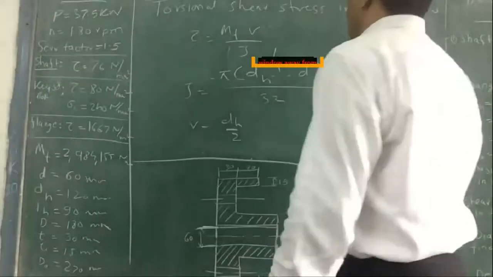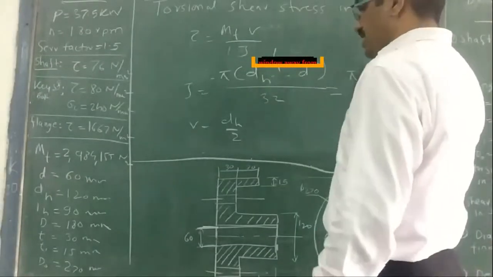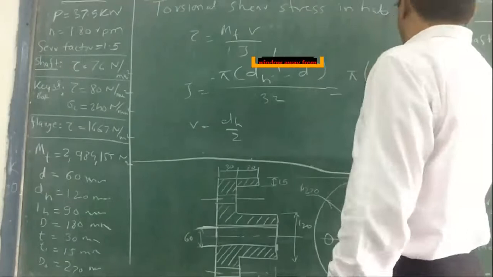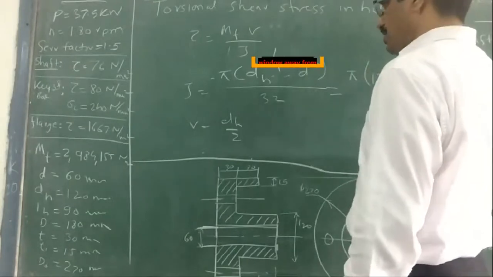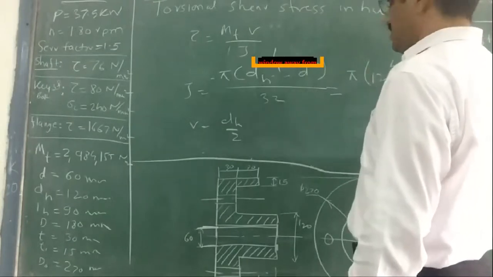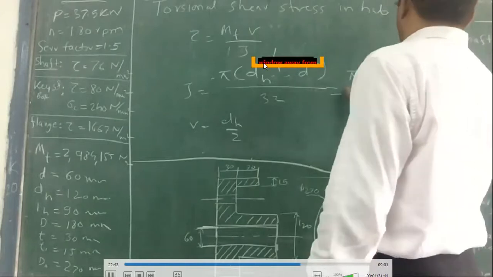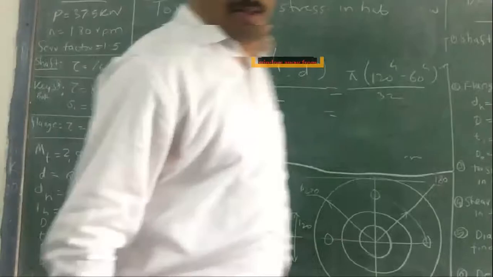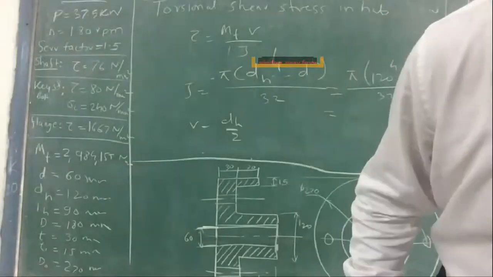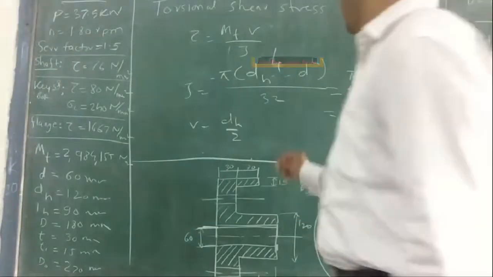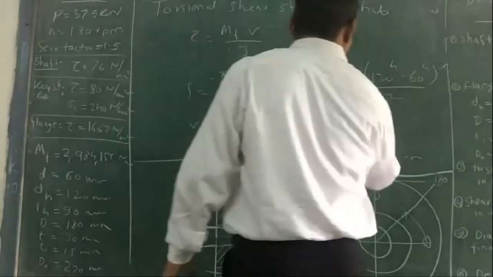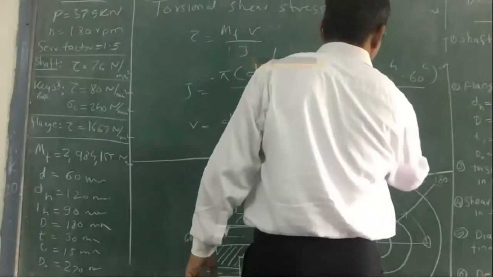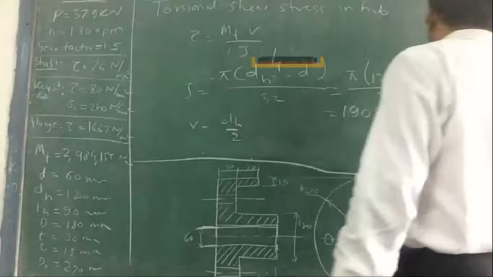So we can calculate J with pi into dh, which is 120 raised to 4 minus d raised to 4, d is 60 raised to 4 upon 32. So we'll get J, polar moment of inertia, 19,085,175 mm raised to 4, right?